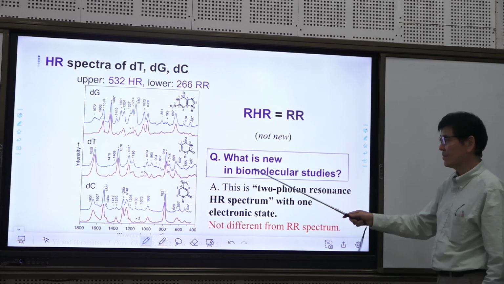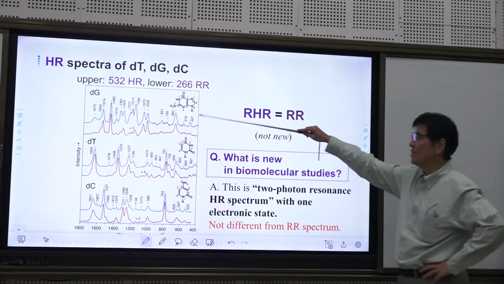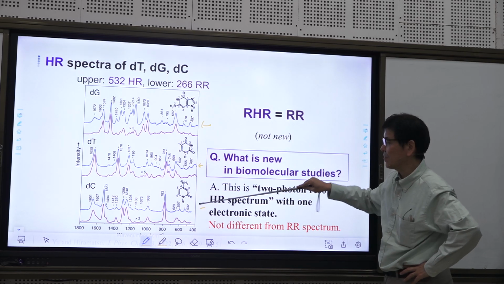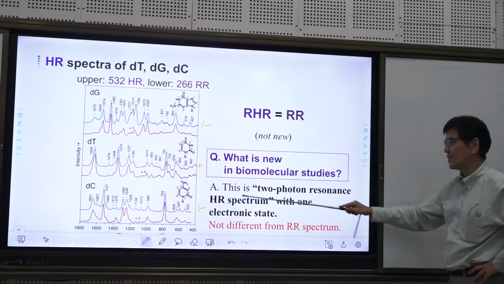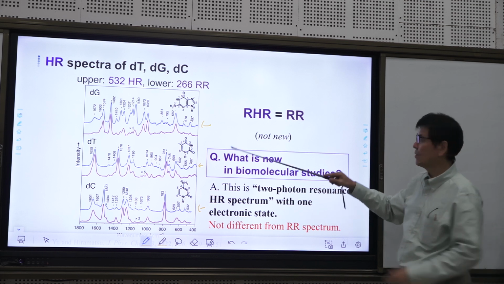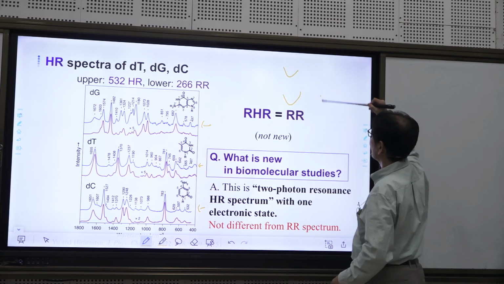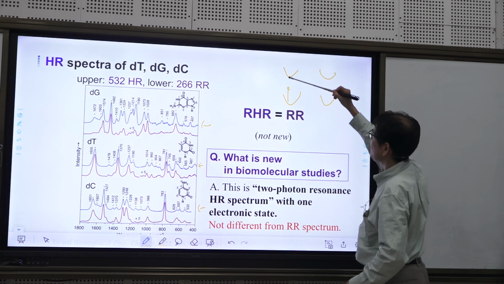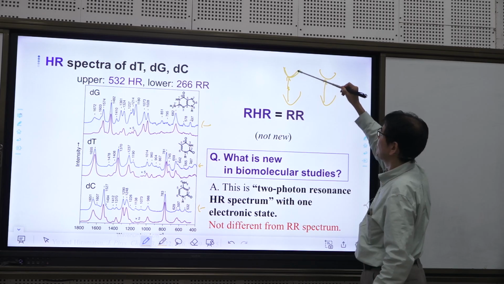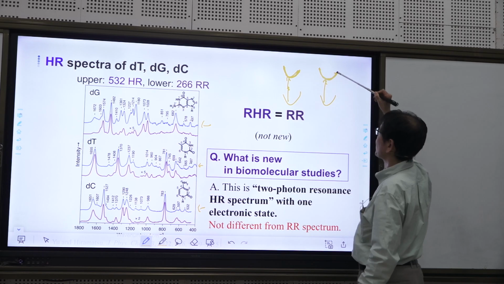So from this result, we can say this is the 2-photon resonance hyper-Raman spectrum with 1 electronic state. So the 2-photon resonance hyper-Raman and the 1-photon resonance Raman are resonated to the same electronic level.